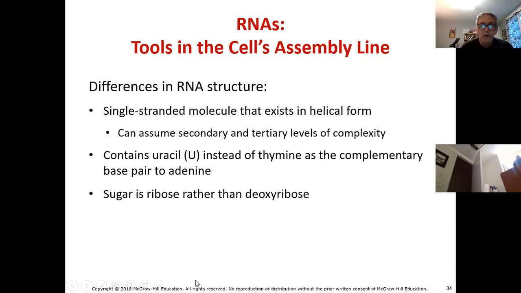Also remember in RNA, uracil replaces thymine. Thymine is only found in DNA, uracil is only found in RNA. The other major difference with RNA, the sugar is ribose, whereas in DNA it's deoxyribose. So DNA is a deoxynucleotide, and RNA is a ribonucleotide.